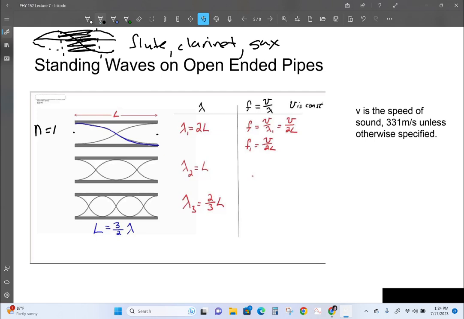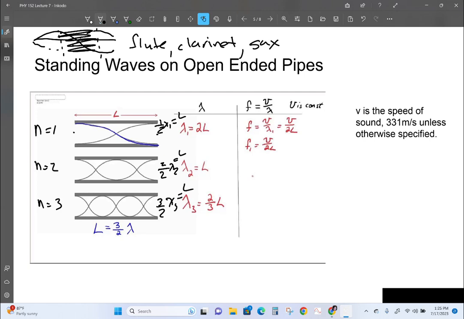So 1/2 of wavelength 1 equals L. And here we have at n equals 2, 2/2 of wavelength 2 equals L. And for n equals 3, we have 3/2 of wavelength 3 equals L.